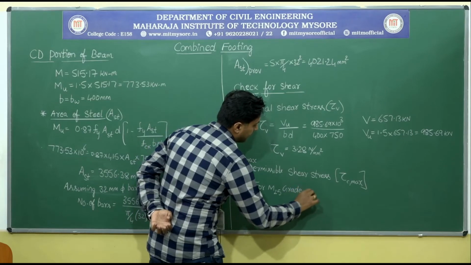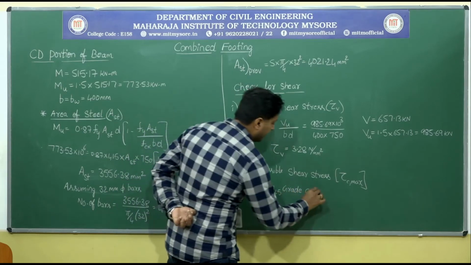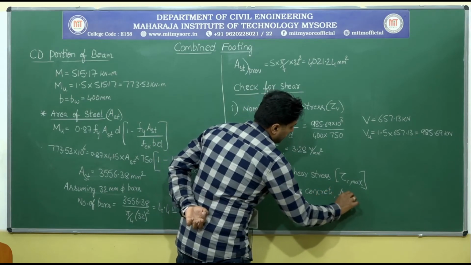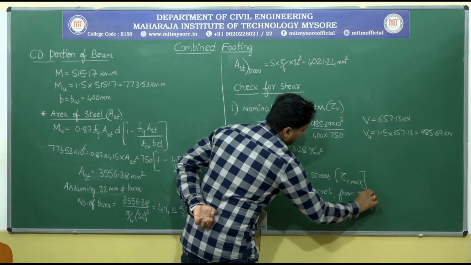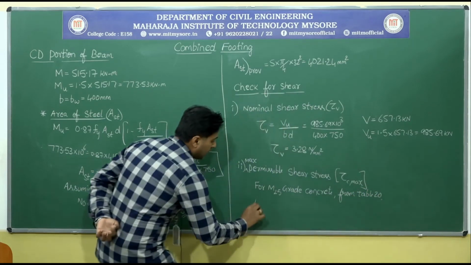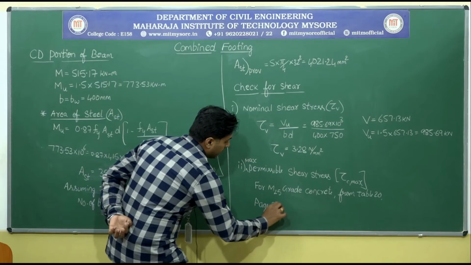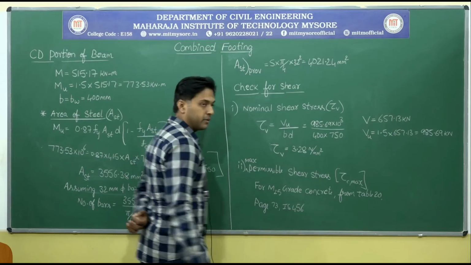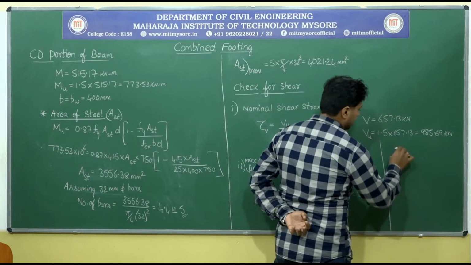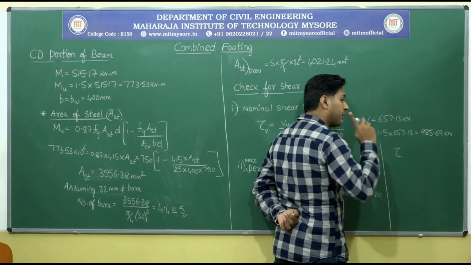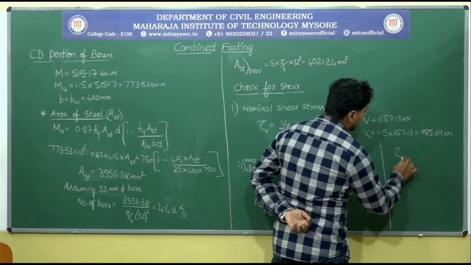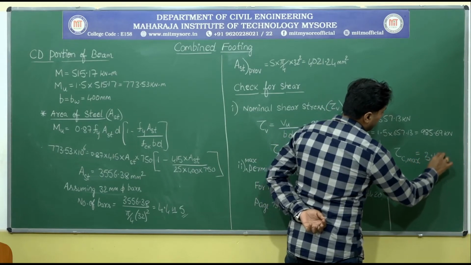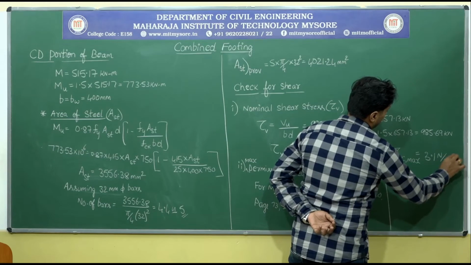For M25 grade concrete, from Table 20, page 73 of IS 456. What is the value for tau C max? For M20 it was 2.8 Newton per mm square, but here it is M25. So the tau C max value is 3.1 Newton per mm square.